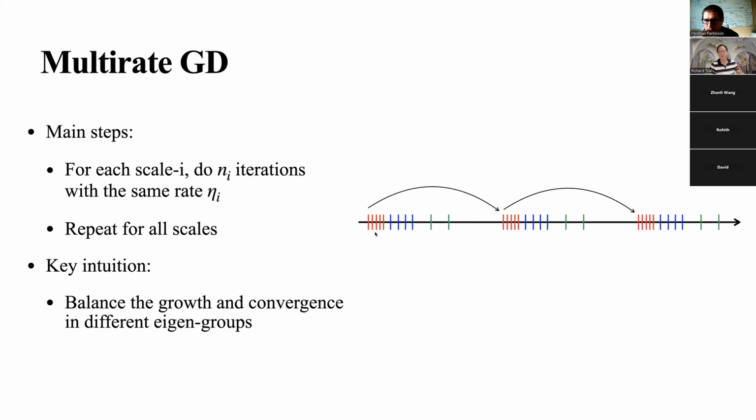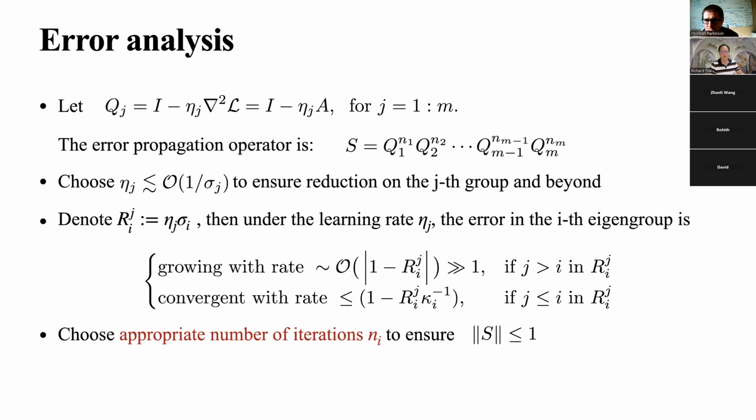Okay, but then the question is how small in each regime, and how many steps do you need to do? That requires some analysis that we did.